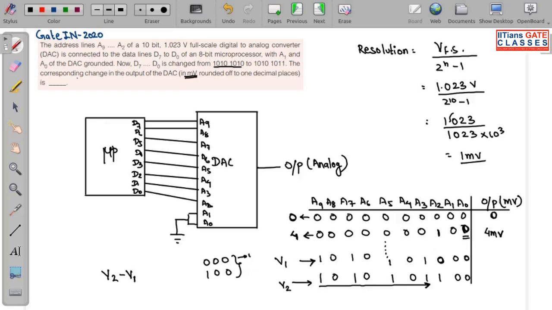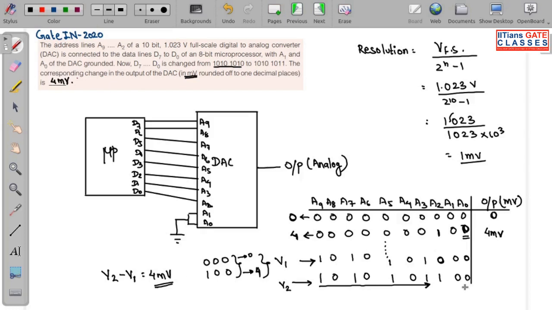This corresponds to 0, this corresponds to 4. So the difference in both the numbers is of how much? It is of 4. So each count is of 1 millivolt. So difference in 4 count will be how much? It will be 4 millivolt. So your answer to this question will be 4 millivolt. See, this should be your approach while solving the question.